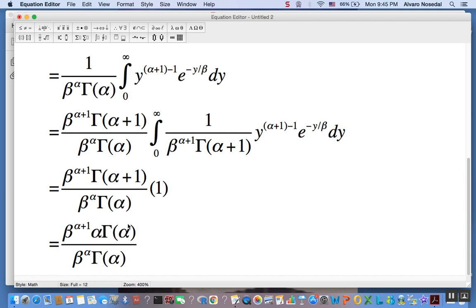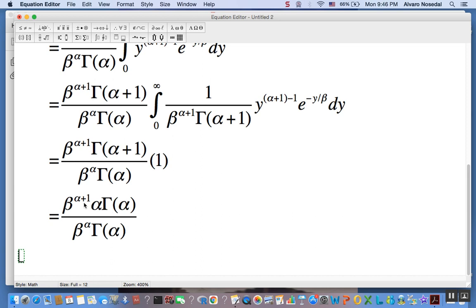But then these will cancel out, right? We're going to have alpha times beta, right? Because this is just, let me rewrite it like this. This is the same as, let me get rid of the 1 here, and let me just write another beta.